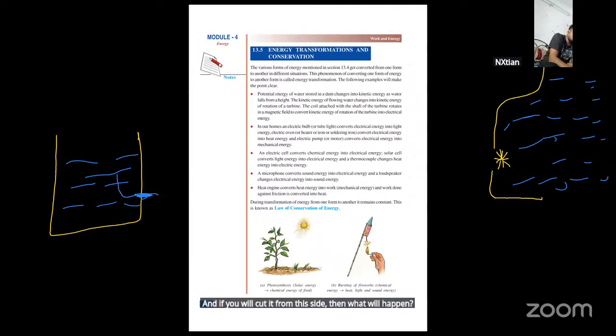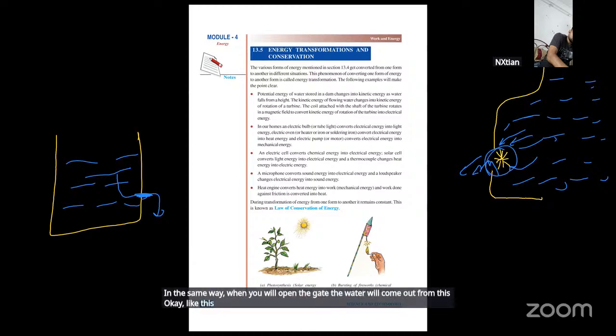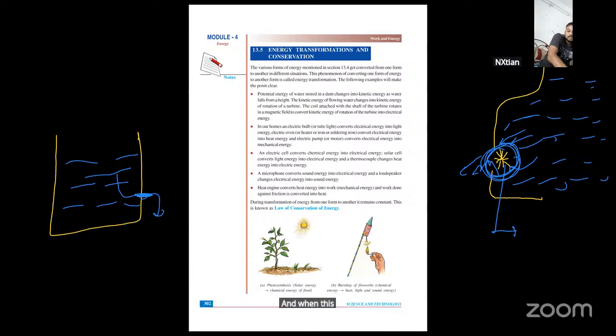That water will come out from the bottle. In the same way, when you open the gate, the water will come out onto this turbine. Because of this, this turbine will move, and when this turbine moves, electricity is formed.